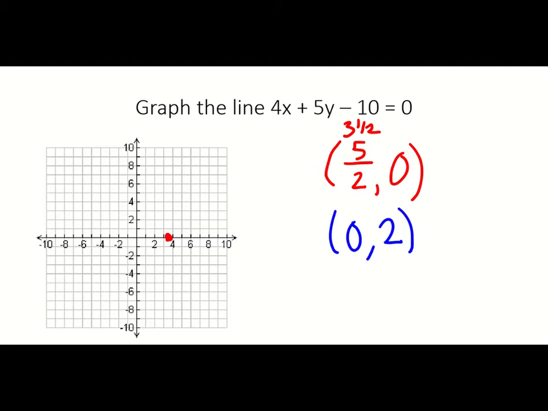And then our y-intercept is at the point (0, 2). So I'm going to plot a point at both of those locations, and then draw a line between them to represent the line of the equation provided. So in standard form, we use the intercepts to graph the line.